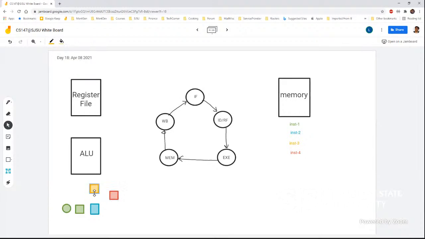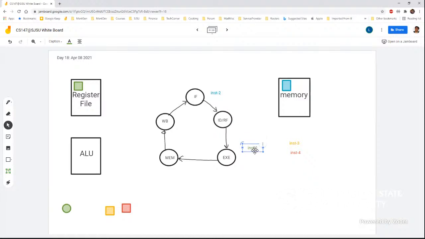In the first cycle, it starts fetching instruction 1, so memory is used. When instruction 1 goes into the next phase, the register file is involved. Pipeline architecture takes advantage and fetches the next one, so memory is now being used for fetching instruction 2.